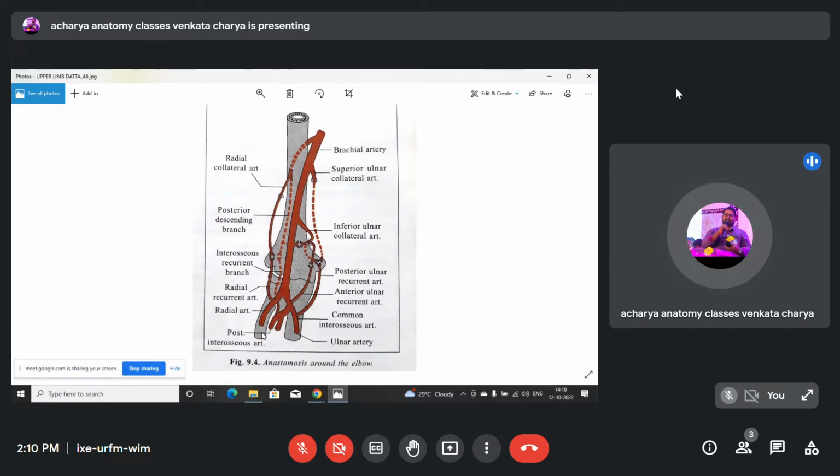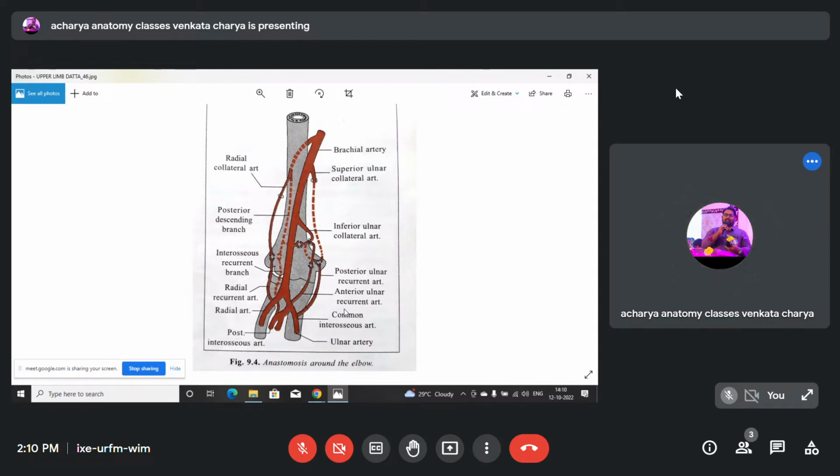Next, fifth anastomotic point. Superior ulnar collateral artery.